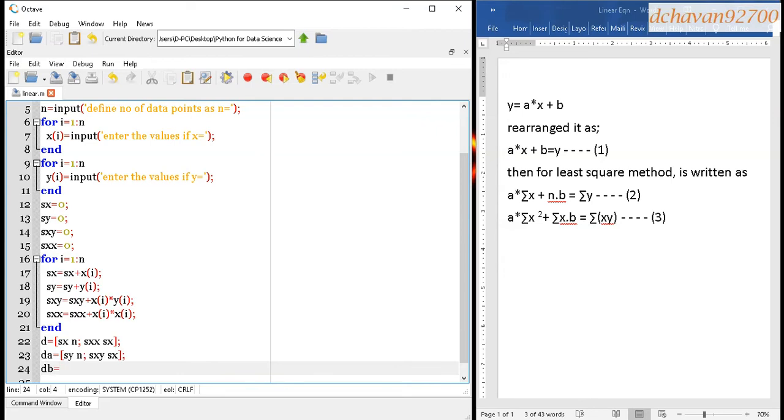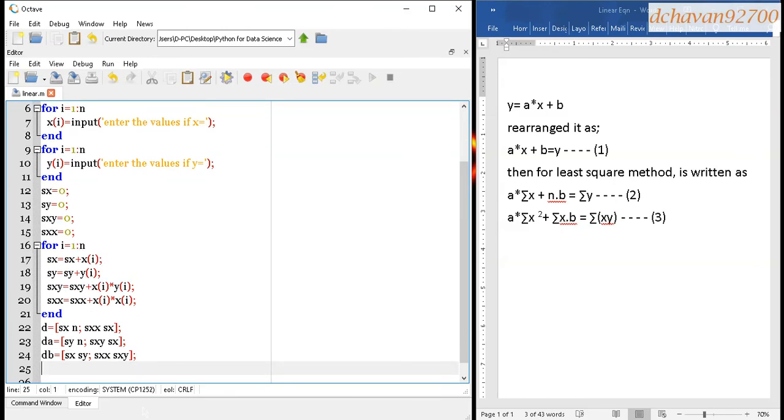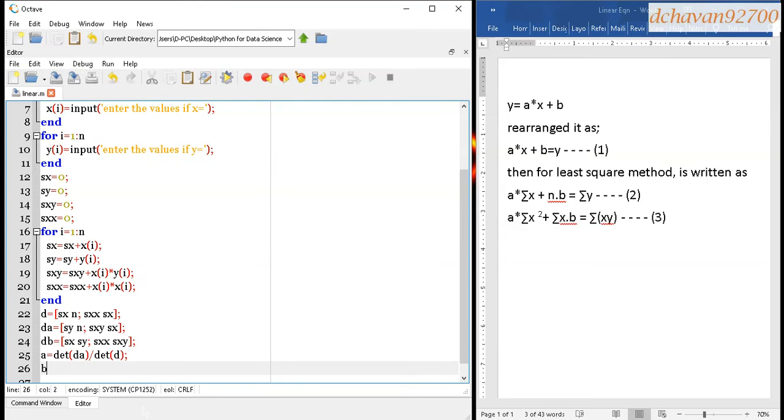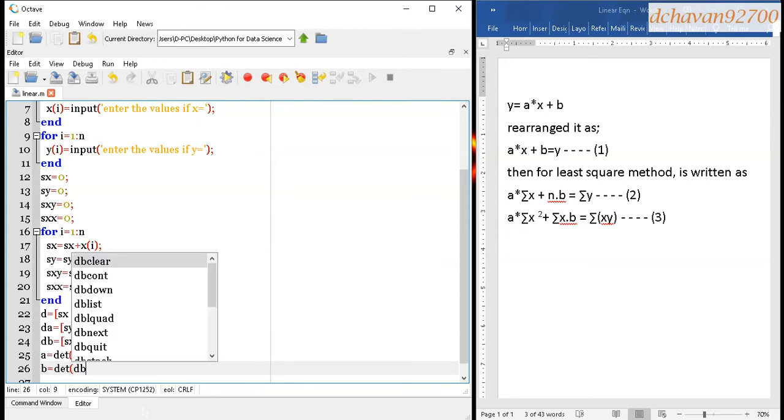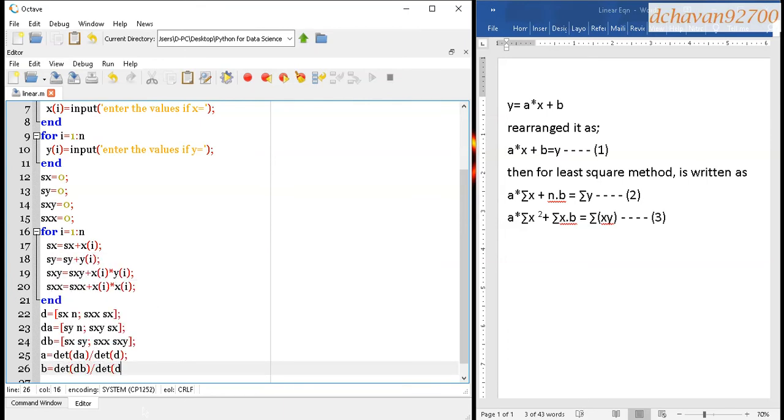So dB is equals to, again same, the second column is replaced by the RHS. So the second column is this n; at the place of n it's sy, and at the place of sx it's sxy. Okay, now to find the value of a, this is determinant of dA divided by determinant of d, and b is equals to determinant of dB divided by determinant of d.